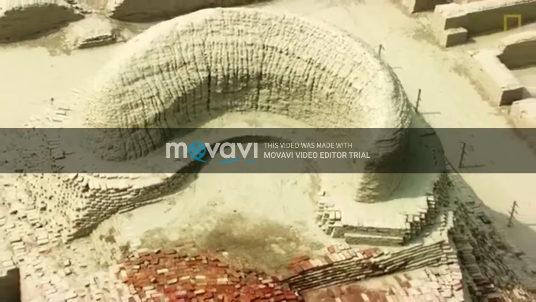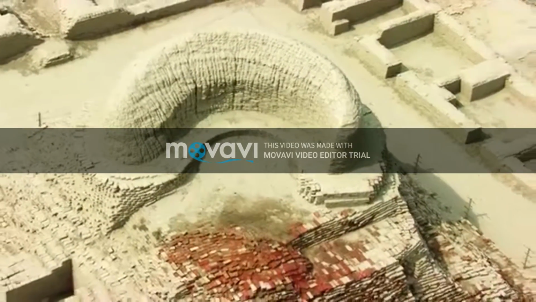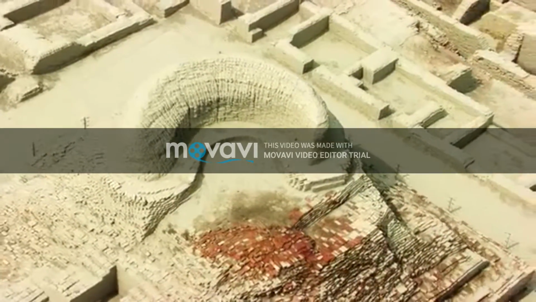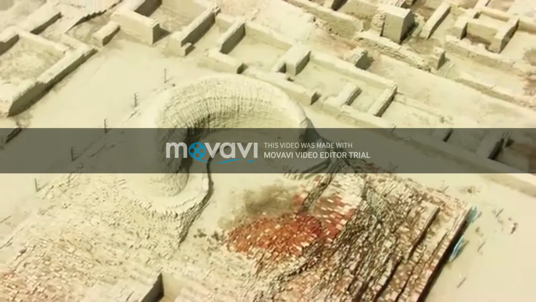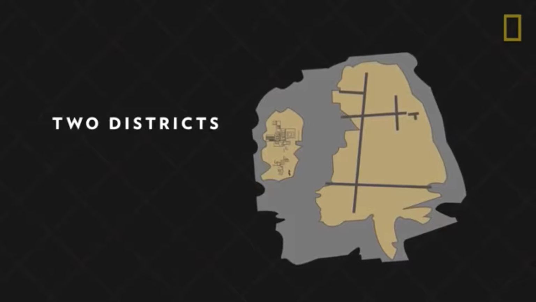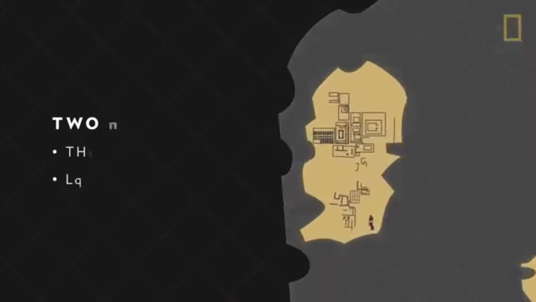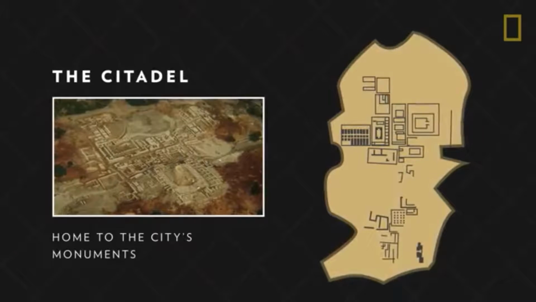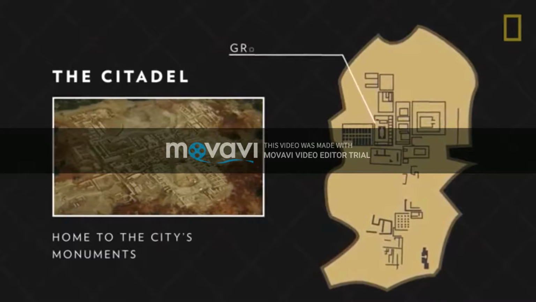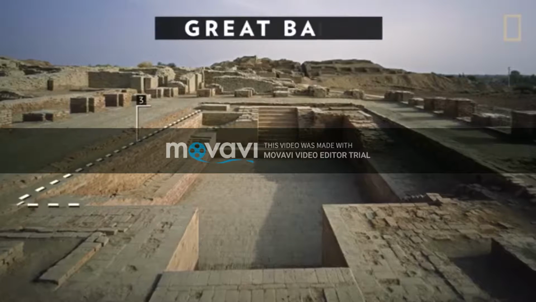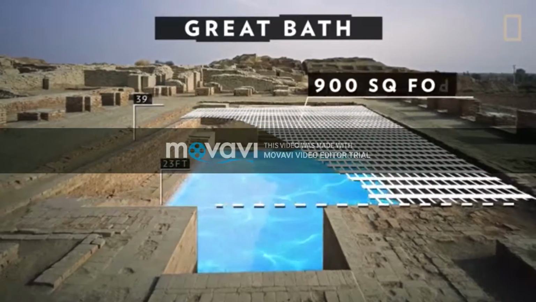Because of Mohenjo-daro's grand scale, archaeologists believe it may have served as a seat of power for the Indus civilization. The city was divided into 2 districts, the citadel and the lower town. The citadel is home to the city's exceptional monuments, including the Great Bath, a 900-square-foot tank fed from the Indus River.